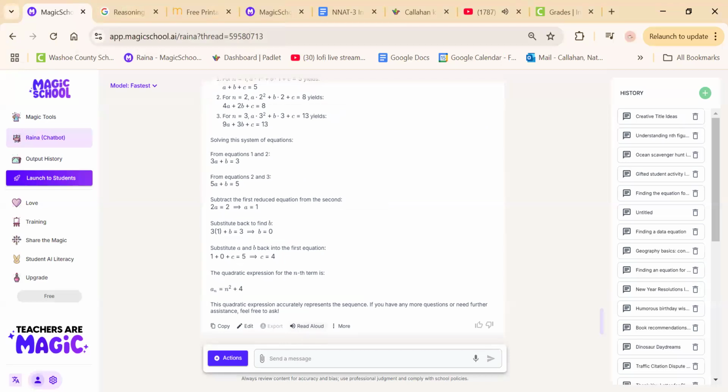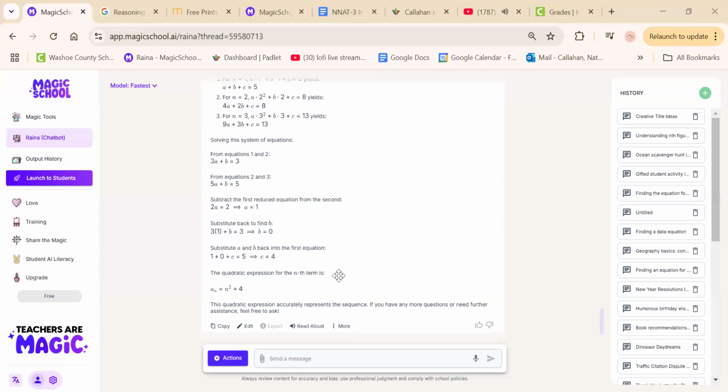Okay? So it's t of n, remember the n, is equal to n squared plus 4. So n is going to be the sequence, or the figures, right? The sequence, or the number, or whatever you have.